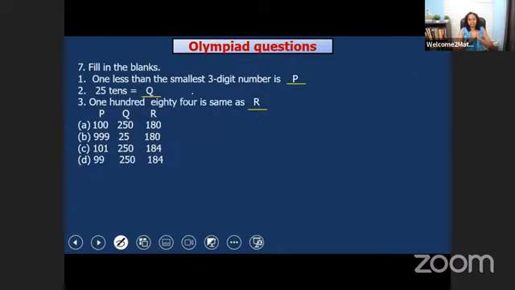It's question number 7. You see, you have to fill in these blanks. There are 3 blanks and you have to find out the answer, and then let's see which would be the correct one. So try to solve this first, then I will tell you the answer. So all the best.